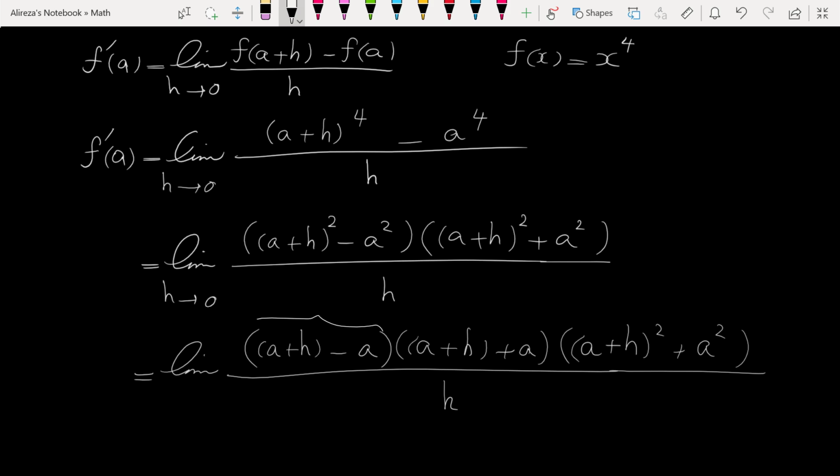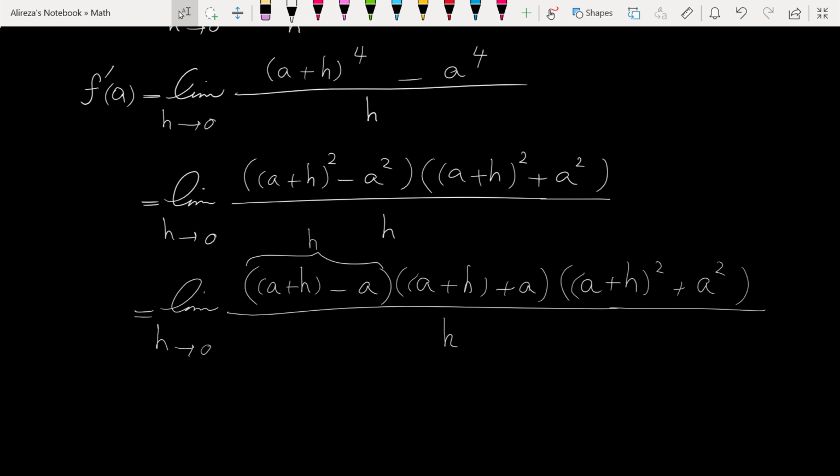If you look at this first bracket here, a plus h minus a is h, and that h from the numerator can be cancelled with this h from the denominator. If we cancel h, then by direct substitution we can find the limit.